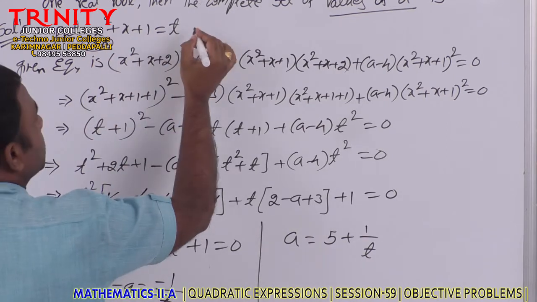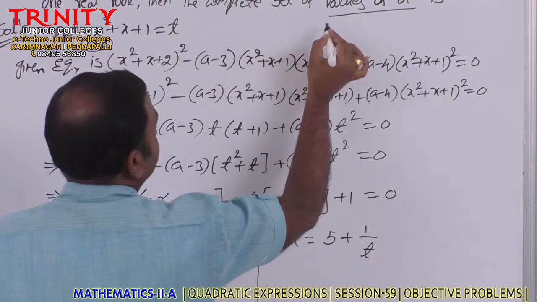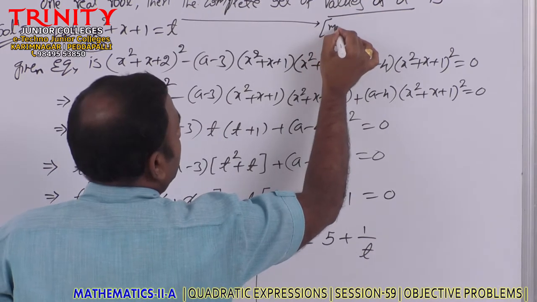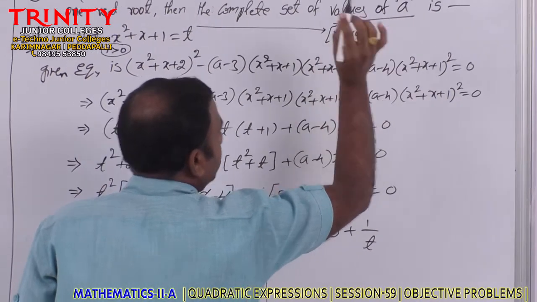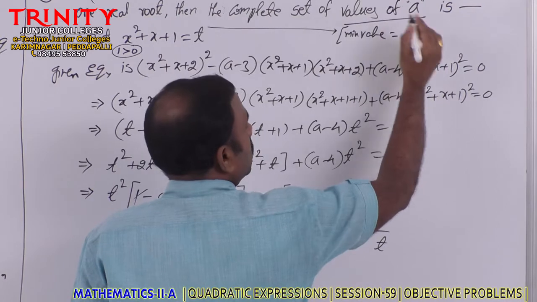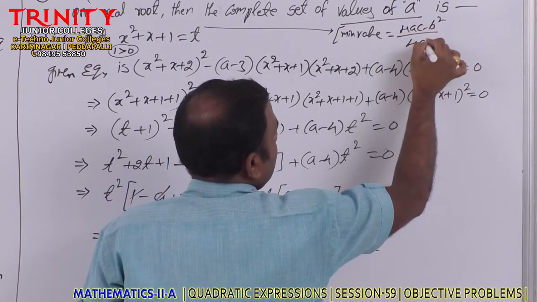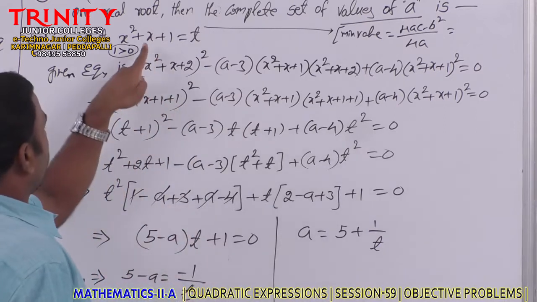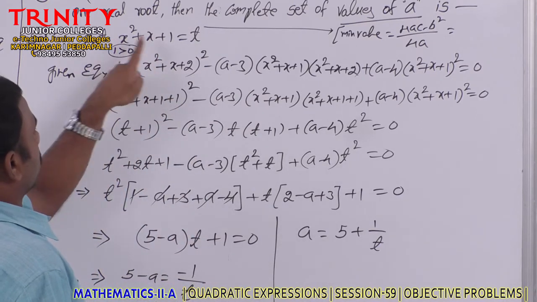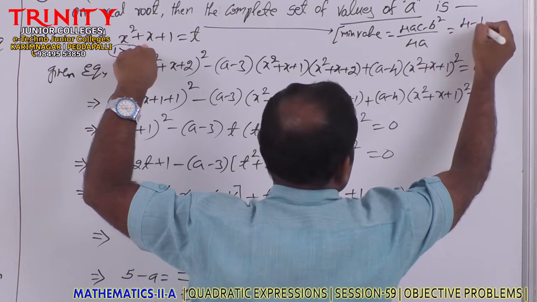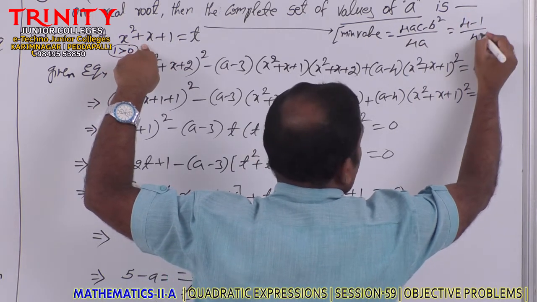Therefore, what is its minimum value? Minimum value is equal to 4ac minus b square by 4a. 4ac, a value 1, c value 1, that is nothing but 4. B square, b value is also 1, so 4 minus 1 by 4 into 1.